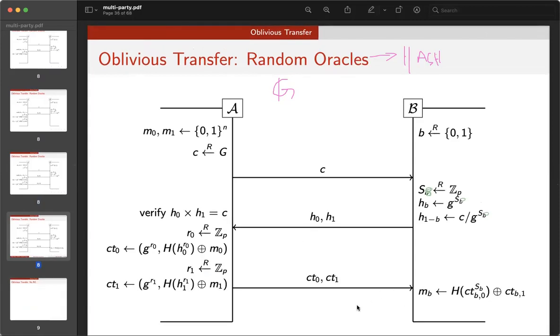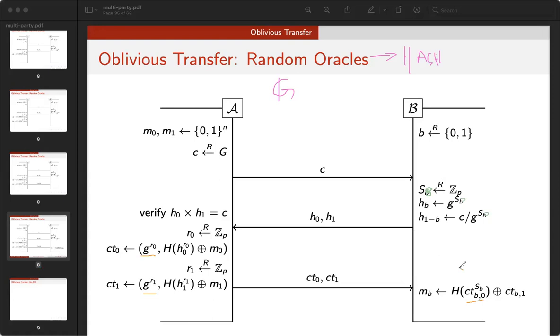And then what Bob does: he takes the bit he's interested in, and then he takes the first part of the ciphertext, which is G to the R0 or G to the R1. He raises that to SB.